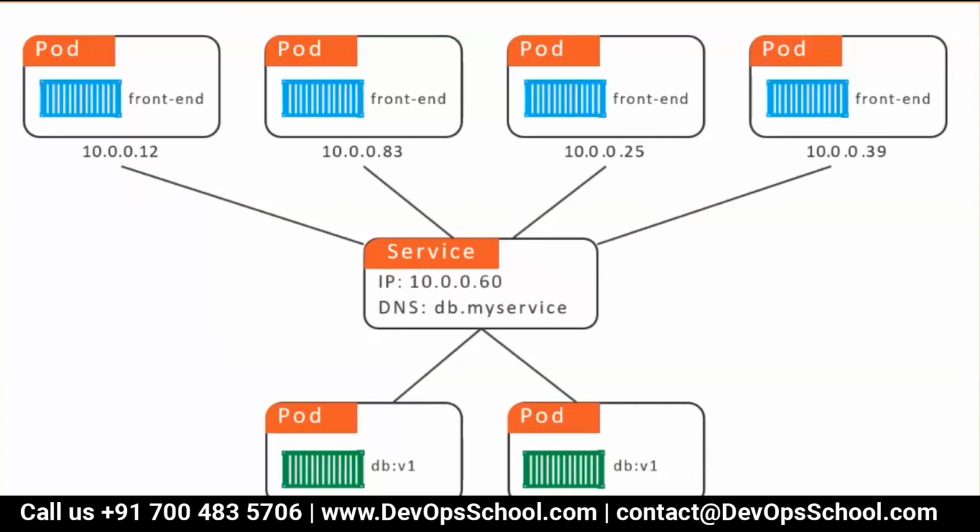One is the network load balancer and another one is the application load balancer. So basically a service is your network load balancer. Yes, service is your network load balancer. But in Kubernetes we don't call it a load balancer, we call it a service, because using that you can access all the pods' endpoints.